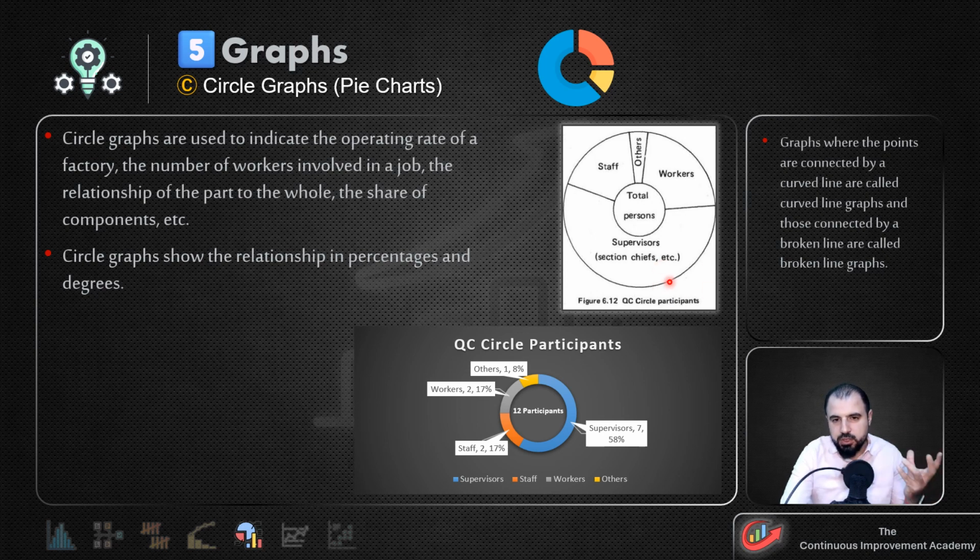So here we can see clearly that supervisors contributed the most, and then came the workers and staff, and then others, right? So we can see here the relative percentage or the relative contribution.